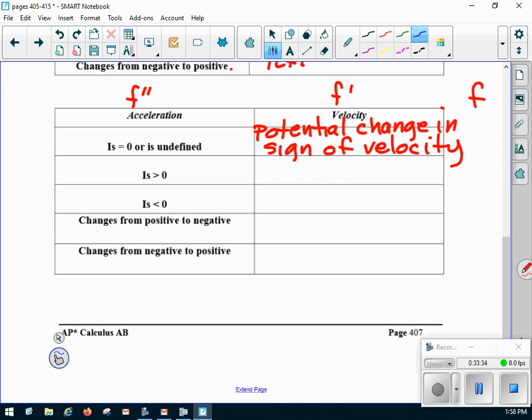What if the second derivative is positive, what does that tell us about the derivative? Increasing. So if the acceleration is positive, then your velocity is increasing. If the second derivative is positive, then your function is concave up. That's correct. If your second derivative is negative, f prime is decreasing, which means your velocity is decreasing.